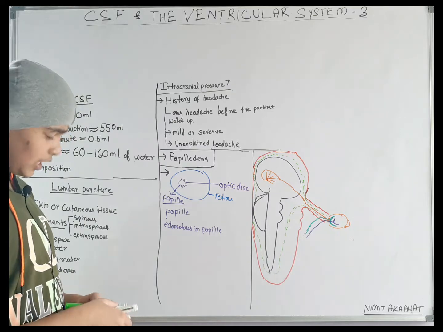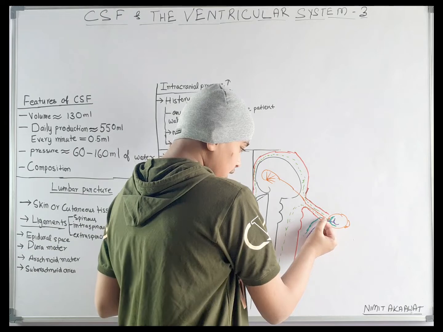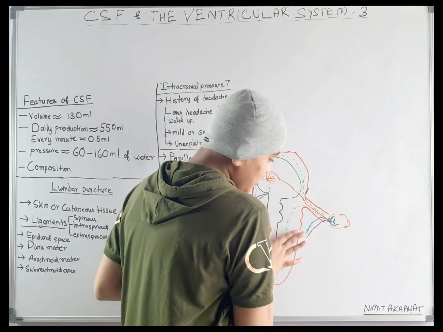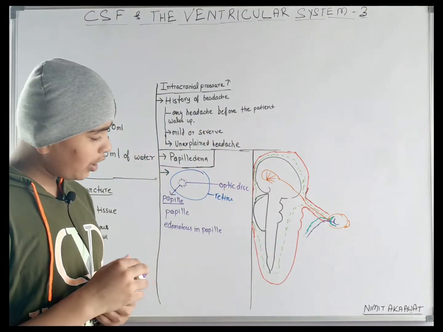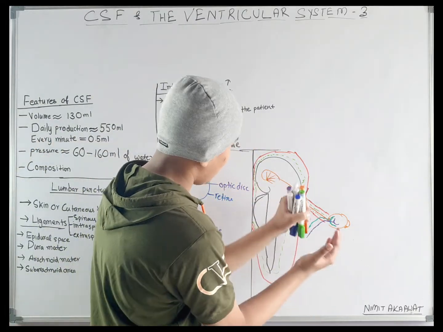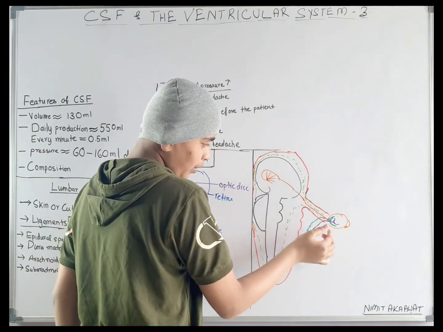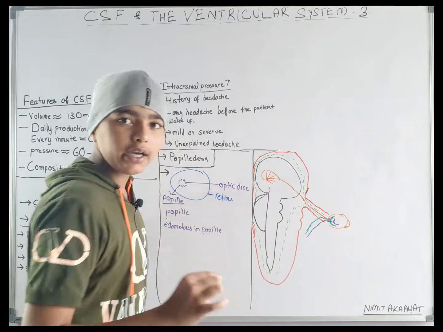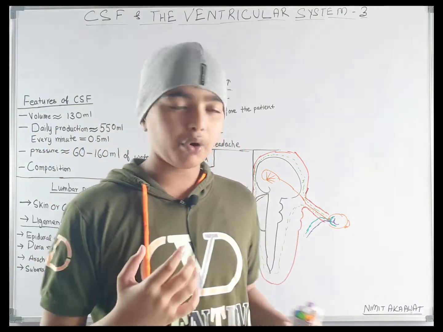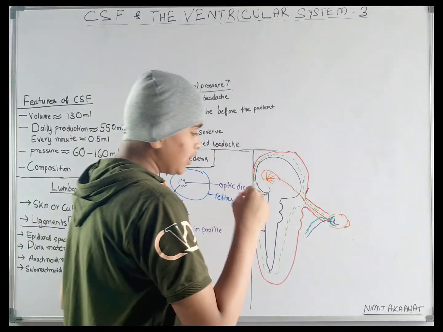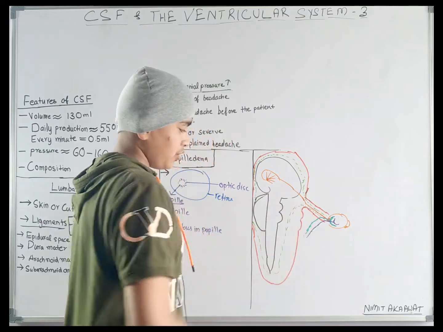Now, if there is raised intracranial pressure, then these arteries and veins are passing through the subarachnoid area, and because of that the pressure of CSF is high. Because the pressure of CSF is high, these arteries and veins are compressed, but because the blood flow in arteries is higher than the blood flow in veins, arteries are not compressed, because the blood pressure in arteries is higher than the blood pressure in veins.